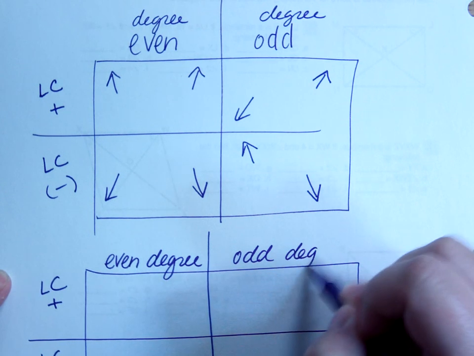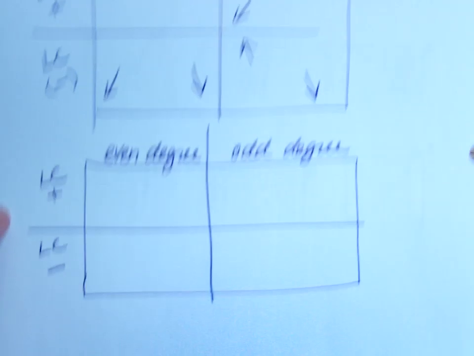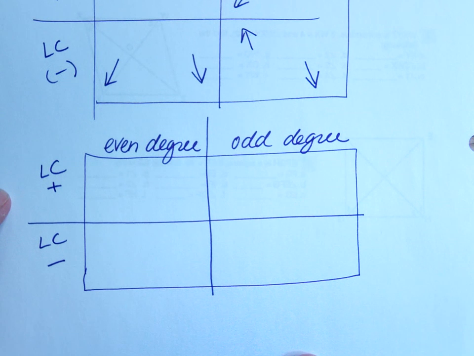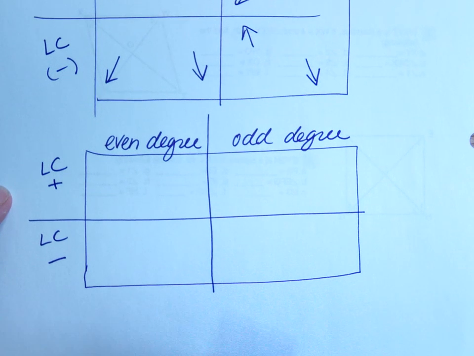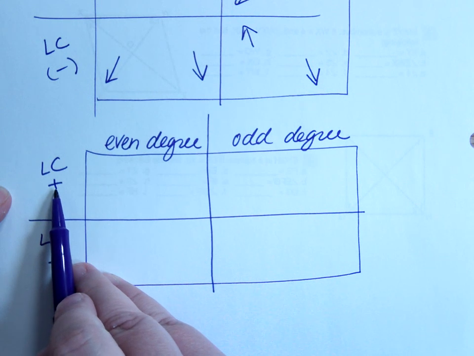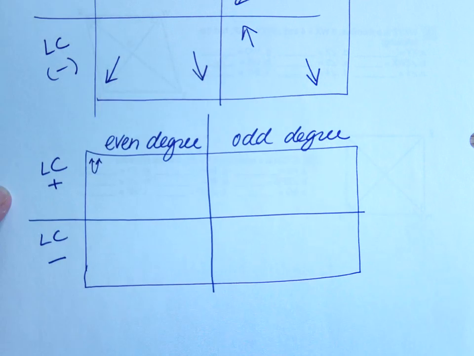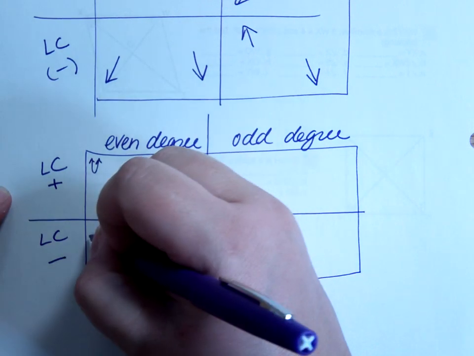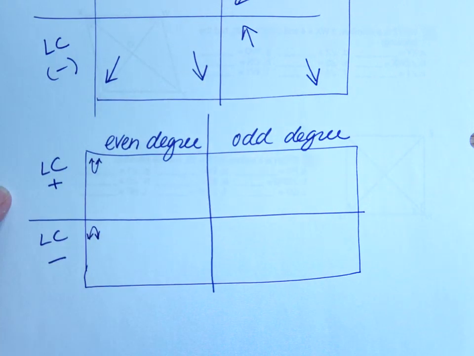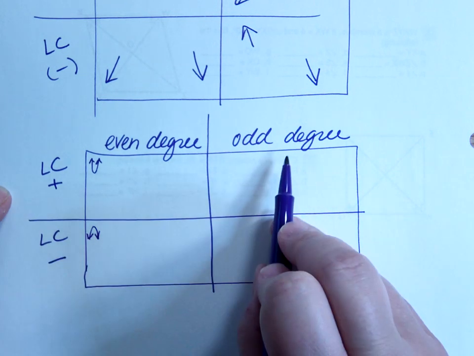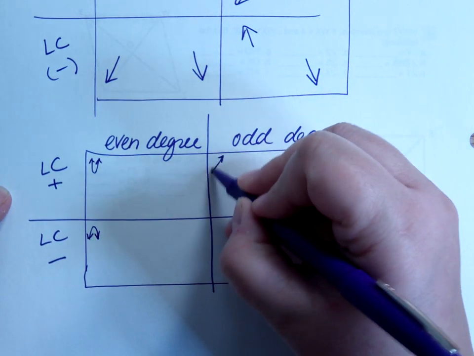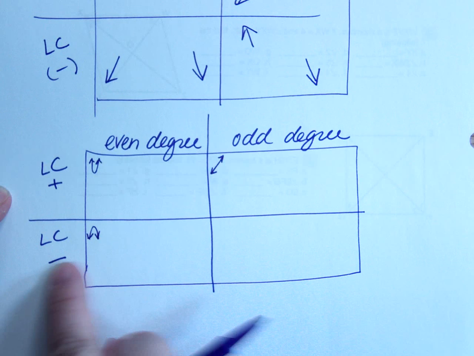You might want to think about it this way: even degree means we think about a parabola. Odd degree means we think about a line. So if I have a positive leading coefficient parabola, the two ends are both going to point up. Negative, even degree, they're both pointing down. Positive odd degree is like a positive slope line. Negative odd degree is like a negative slope line.